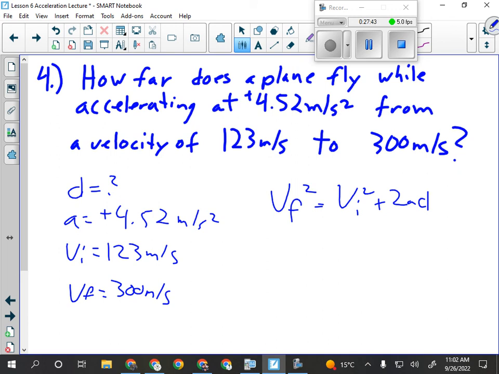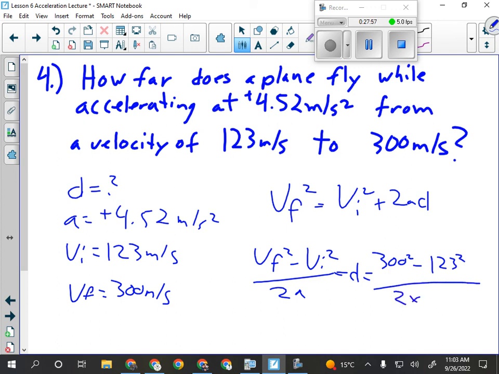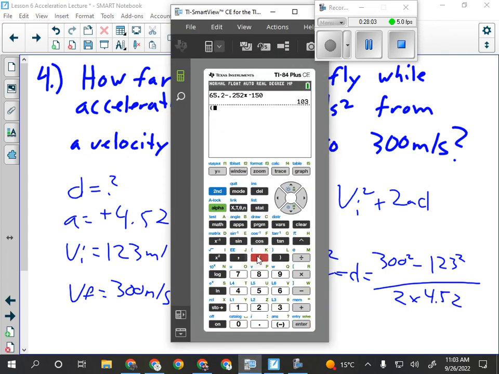So we'll have VF squared minus VI squared, divided by 2A, as our manipulation to get D. So that'll be 300 squared minus 123 squared, divided by 2 times 4.52. Remember, you do need to bracket your top and bottom operations here so that it does them separately.